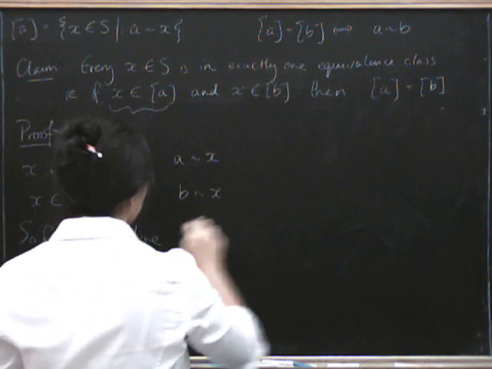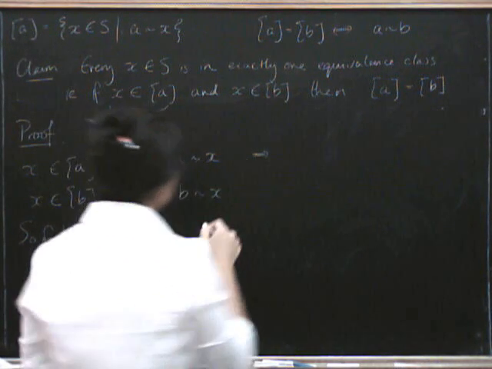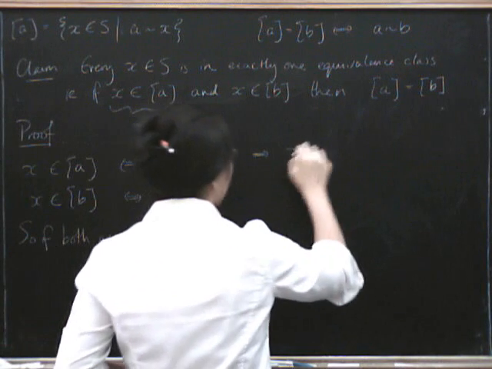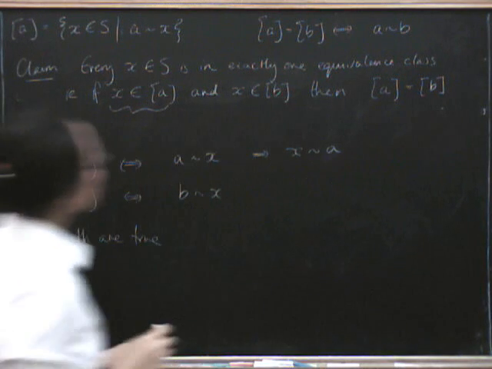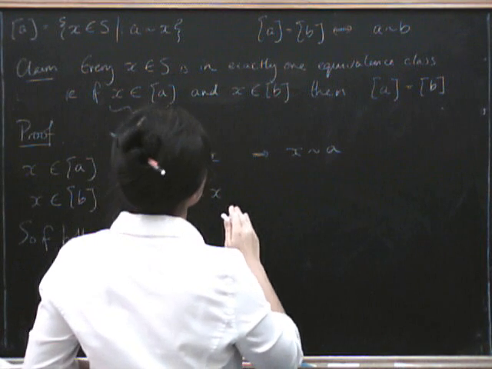then, well, if A is related to X, then we also have that X is related to A, right? In fact, I should have done this the other way around. No, it's all right.